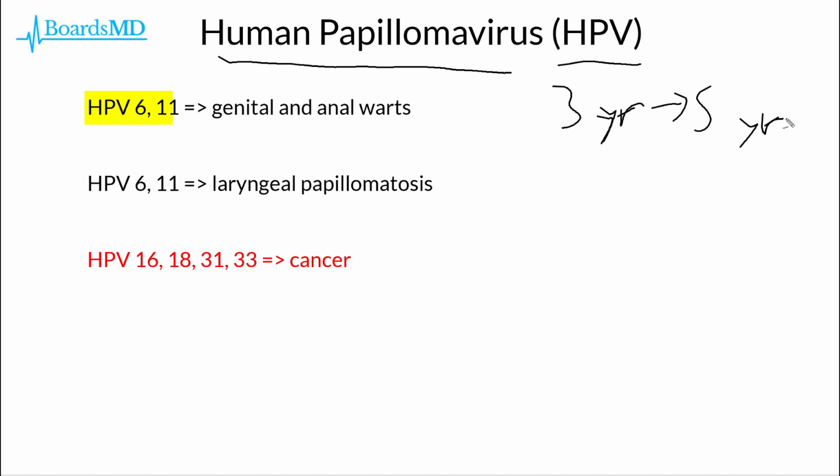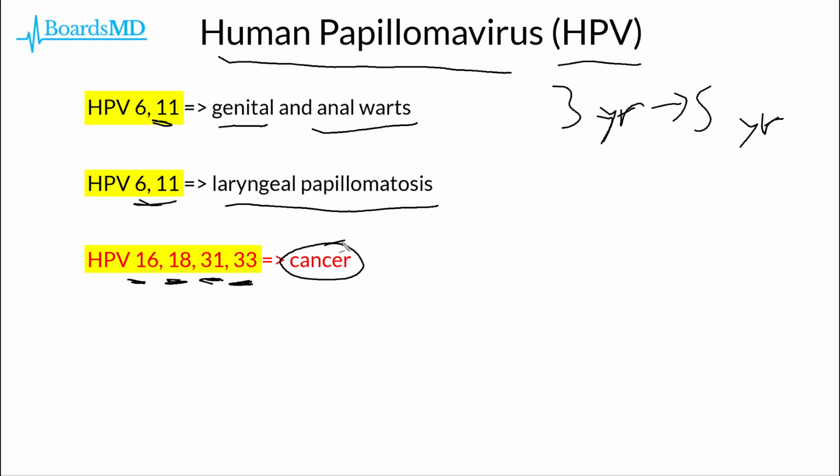In the case of HPV subtypes 6 and 11, this can ultimately cause genital or anal warts. Additionally, these subtypes of HPV 6 and 11 can cause laryngeal papillomatosis. And in the case of HPV subtypes 16, 18, 31, and 33, these can ultimately cause cervical cancer, as well as squamous cell cancers of other areas of the body, including the larynx.